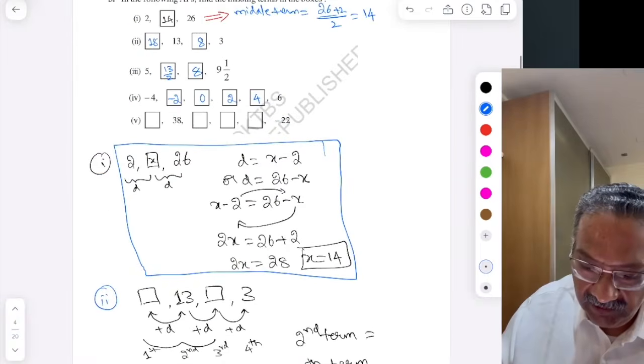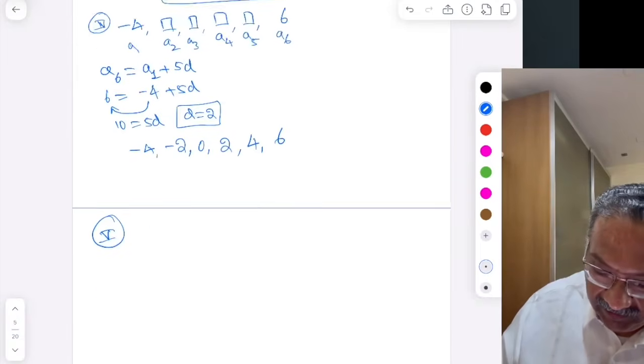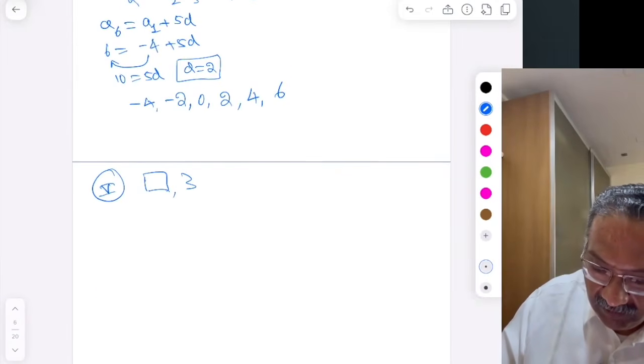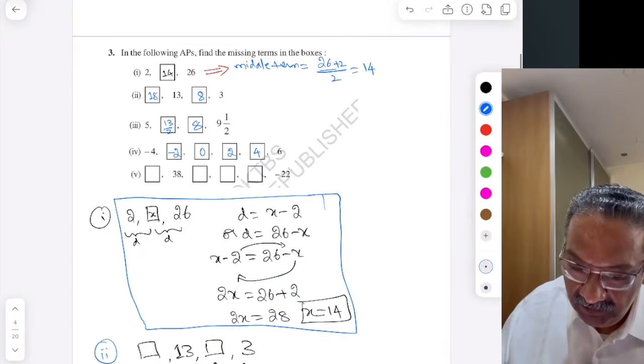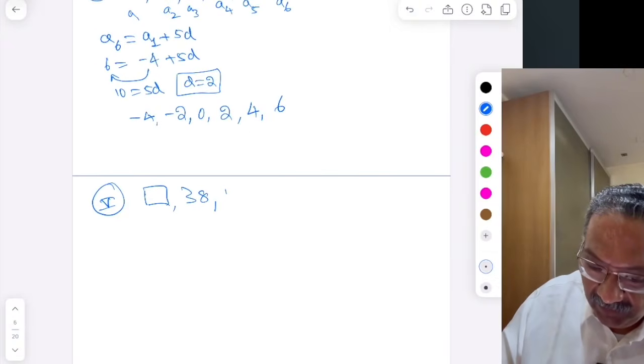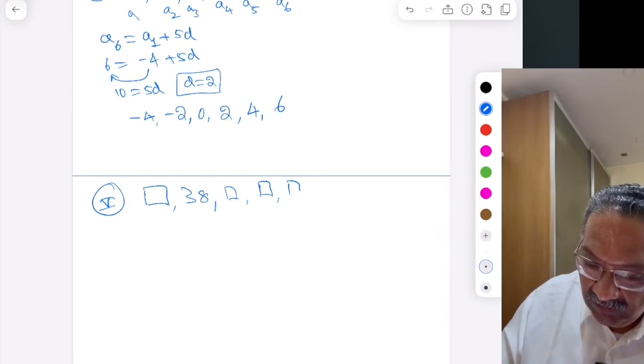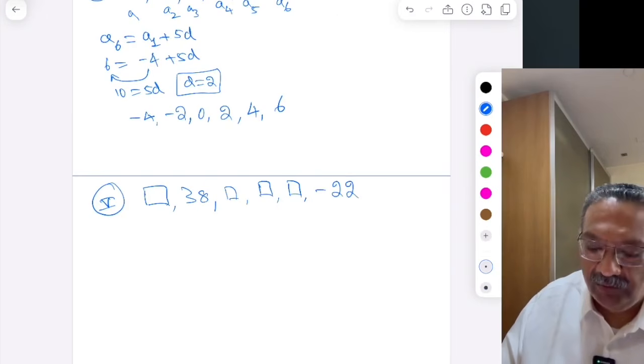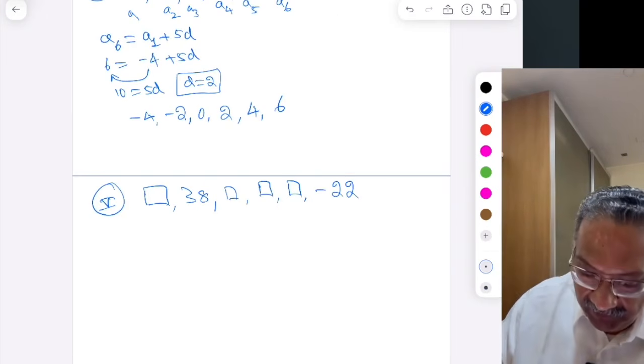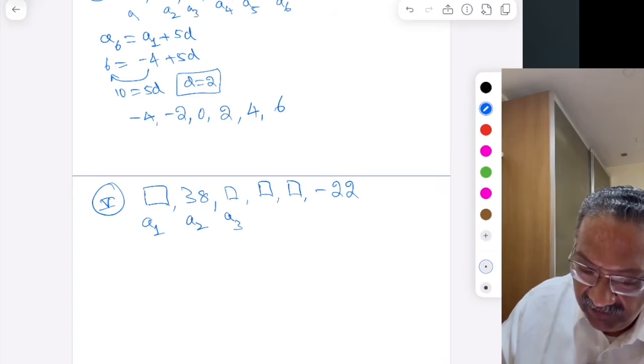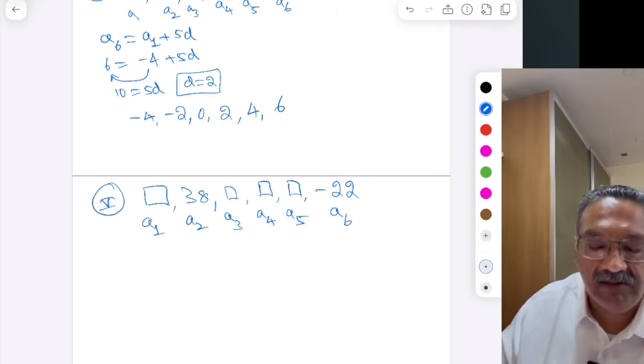In the fifth question, box, 38, 3 boxes and minus 22. Now here a1 is not known, a2 is there, a3 not known, a4 not known, a5 not known, a6 is given.